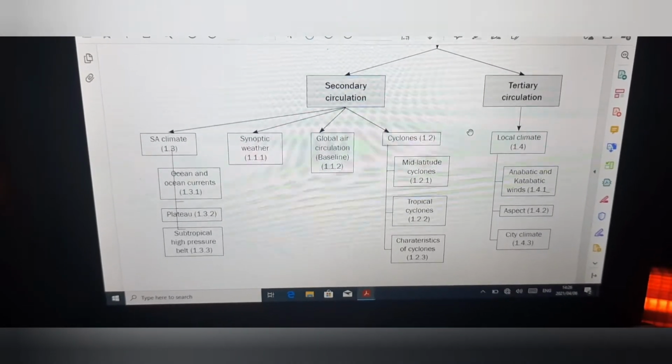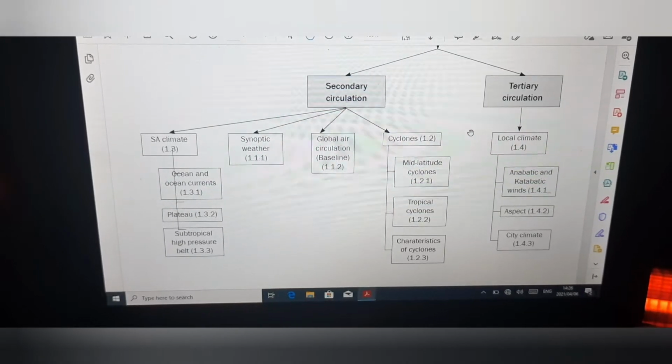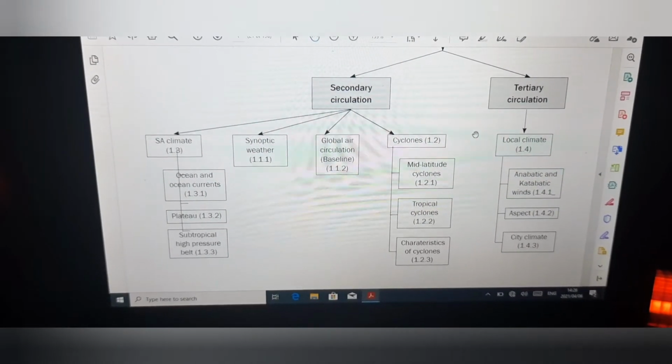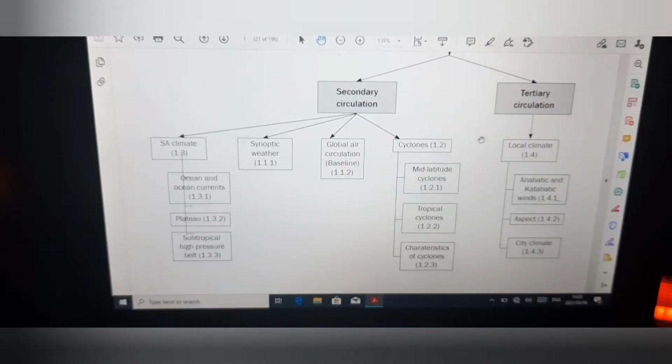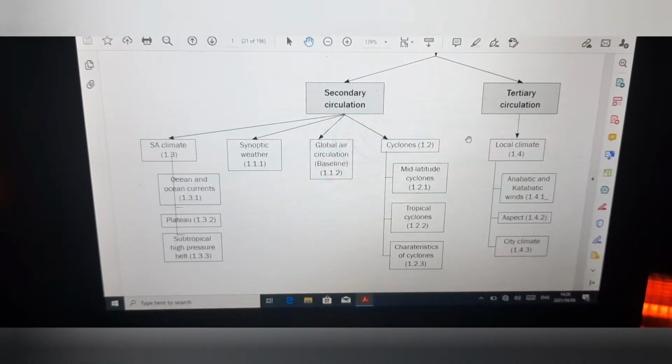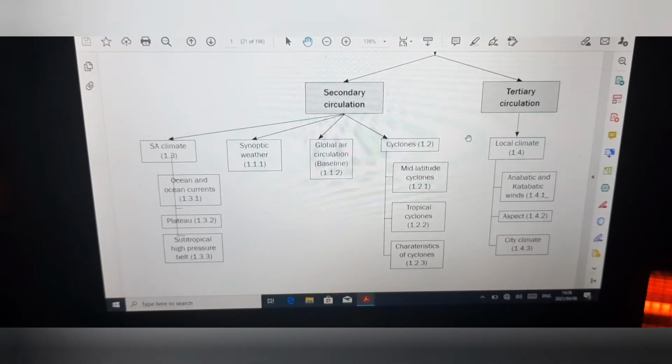And on local climate, we have anabatic and katabatic winds, aspect and climate, city climate. As you can see, they're numbered 1.2, 1.21, 1.11. So that's the unit we're going to cover.